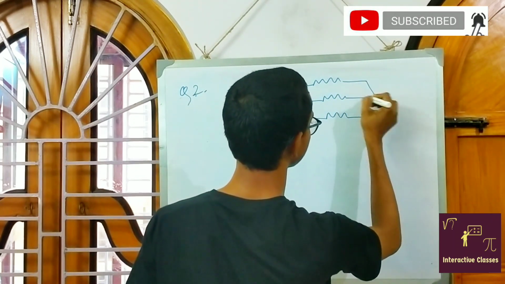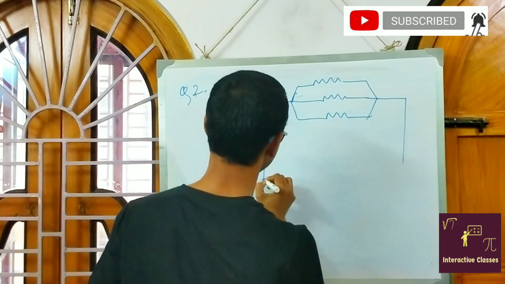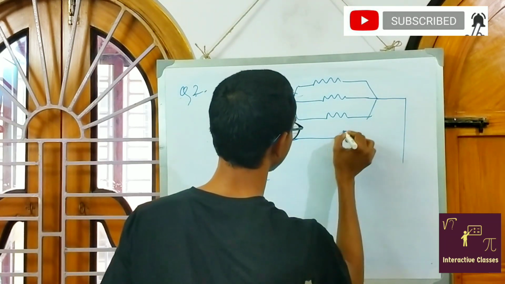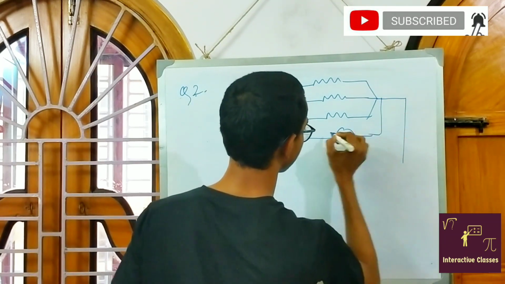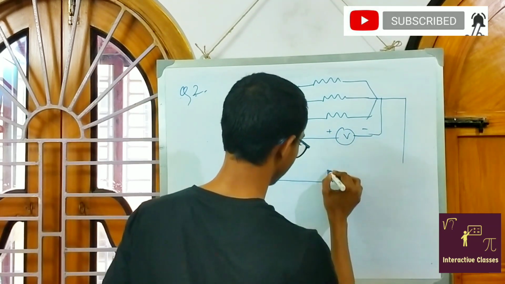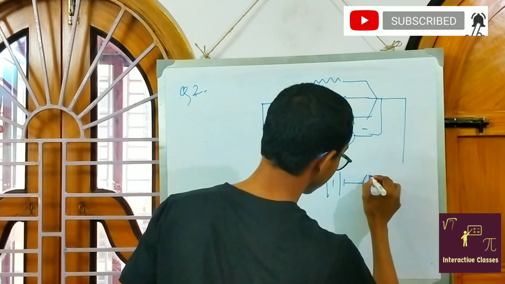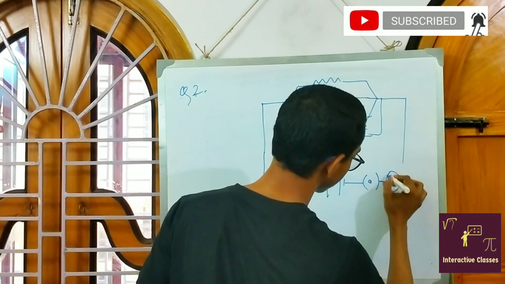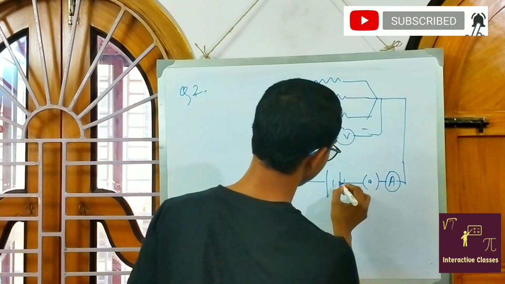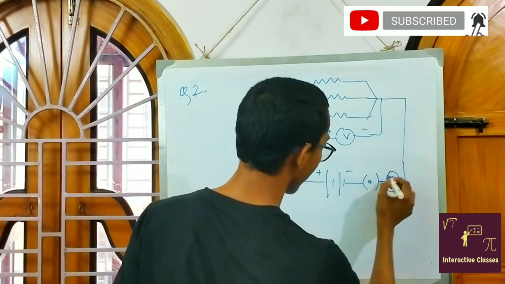These are the three resistances. This is a voltmeter. Here is a switch and here is an ammeter to measure the current.